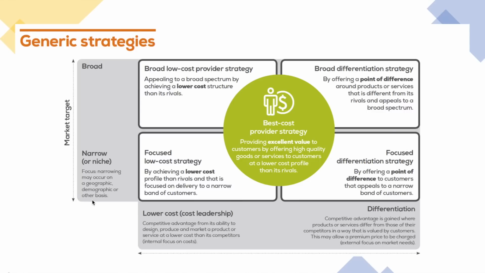So they will be focusing, or their target market will be narrower as compared to the other market. And here in this area, it's broad. This will be broad in terms of category, in terms of target market.